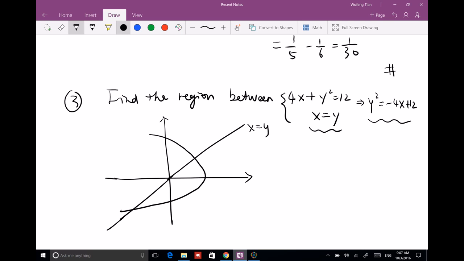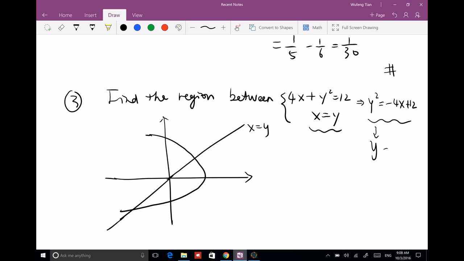If you draw the picture, it's like this. If you use the graphing calculator to draw the picture, it probably only draws the upper part. Because if you solve for y, you should get positive and negative square root of negative 4x plus 12. The positive gives you this upper part, and the negative is the bottom.